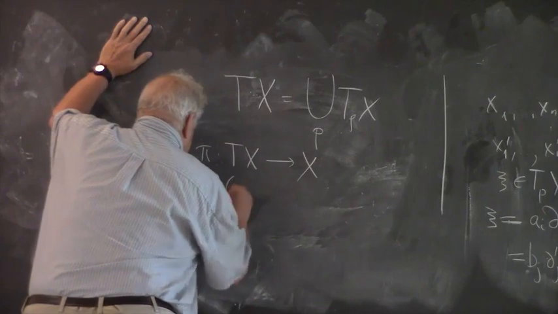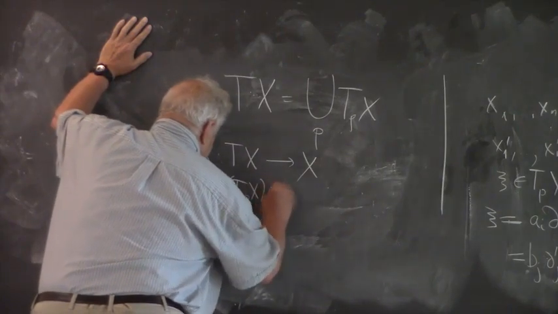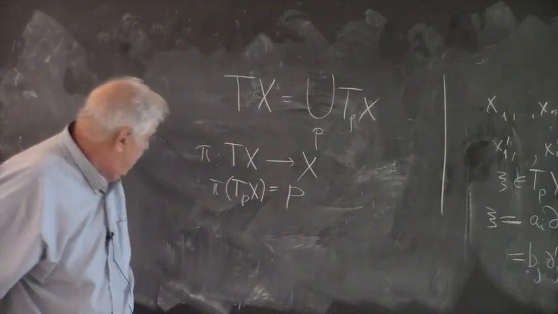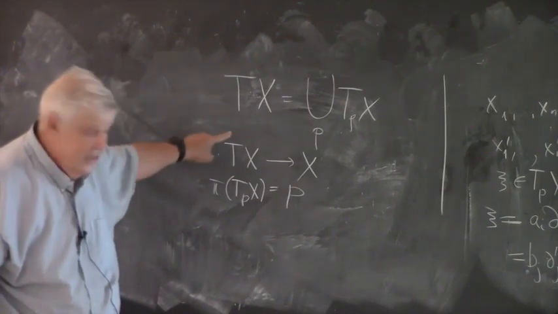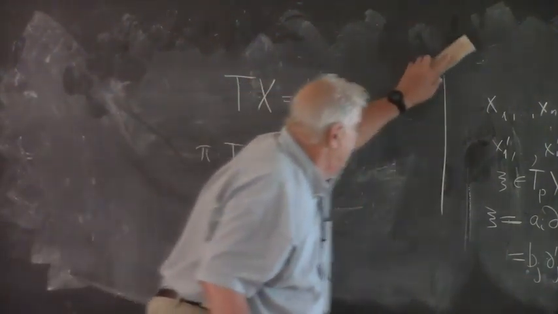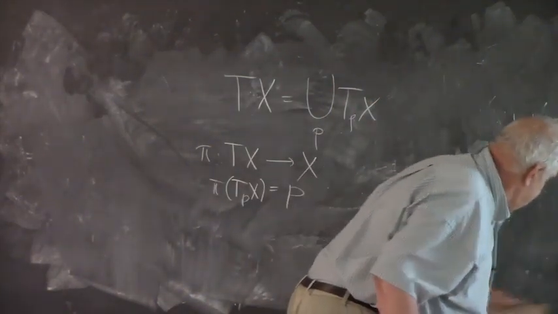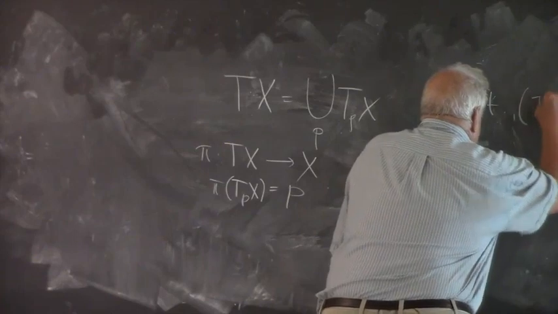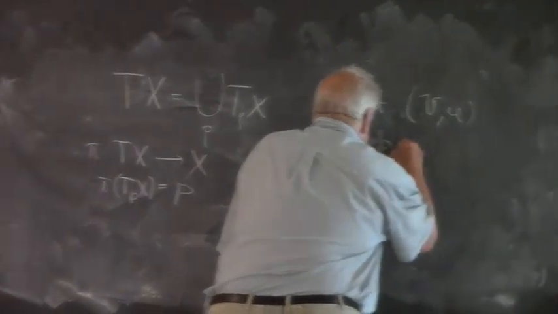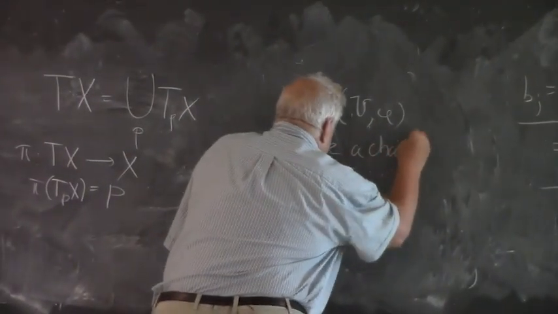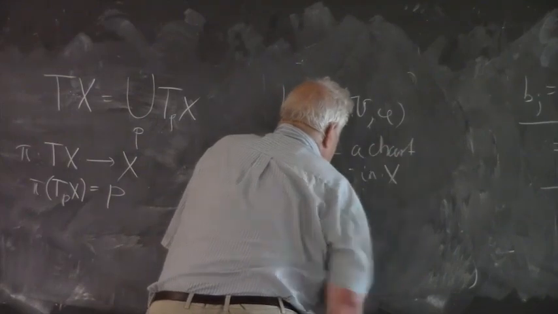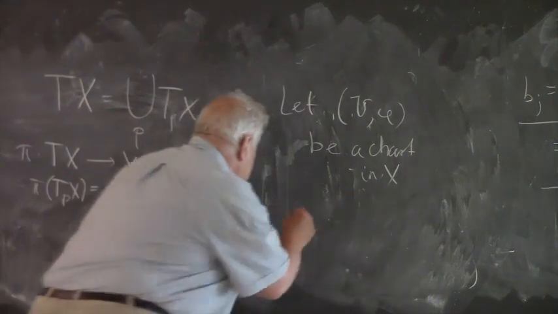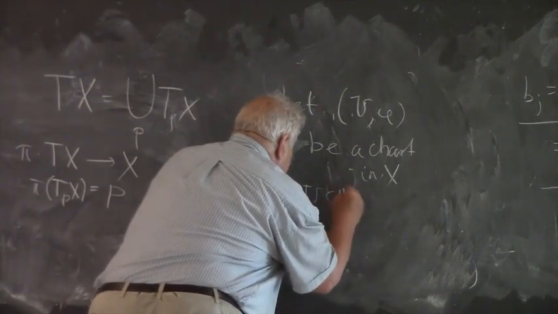which takes this into P. Now I want to define a chart in TX. This is the following. Take a chart in X. U is an open set in Rn, by definition.